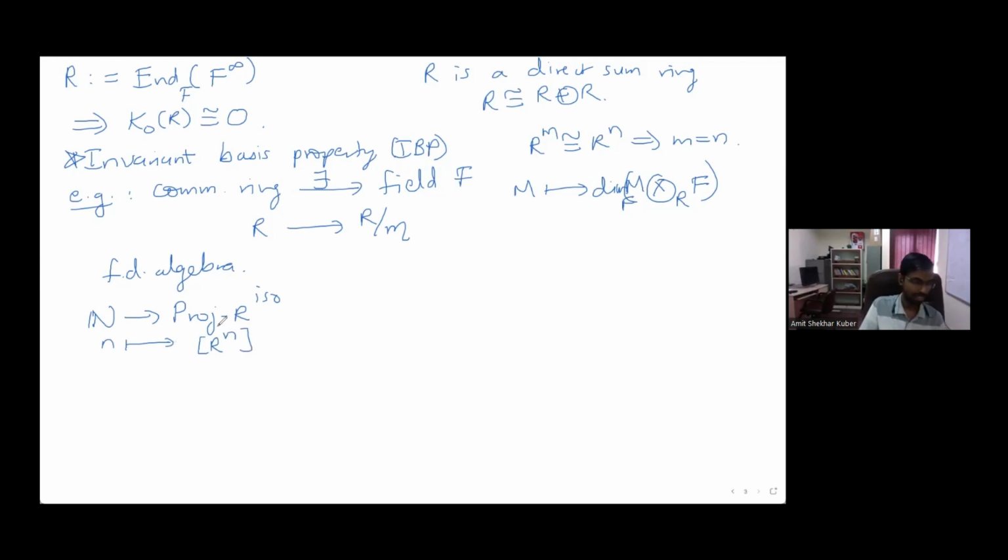So we are simply mapping n to the class of R to the power n. This map goes from the group completion of the natural numbers to the group completion of the projective modules, which is K0 of R.